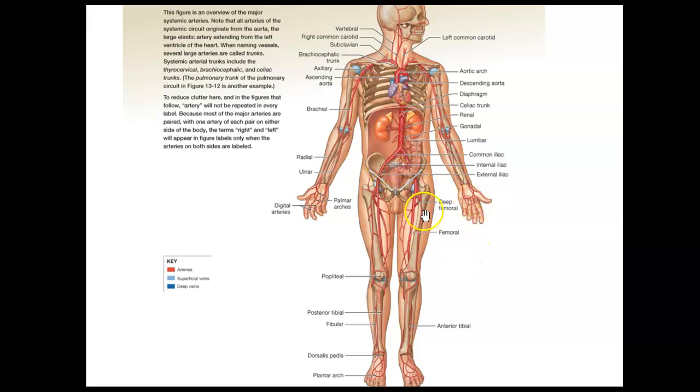All right, we have the deep femoral artery and then the femoral artery, which follows along the femur or thigh bone. We have the popliteal artery, the posterior tibial, which is lighter in color because it's posterior to the tibia. We have the fibular artery, the dorsalis pedis, the plantar arch, and then the anterior tibial artery.